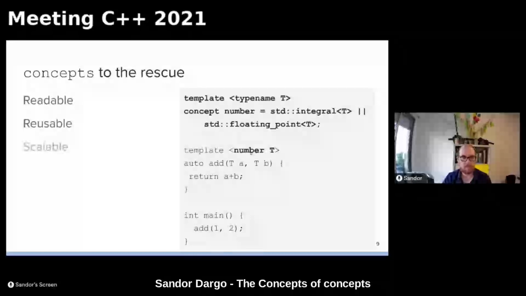It's very reusable, so it scales well, and it makes your code much safer, because it will be easier to constrain what types you want to accept in your different templates.